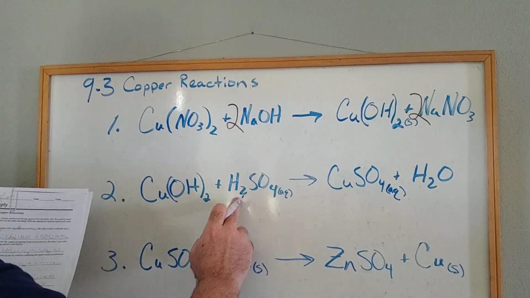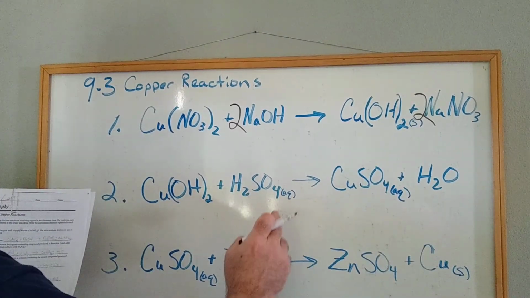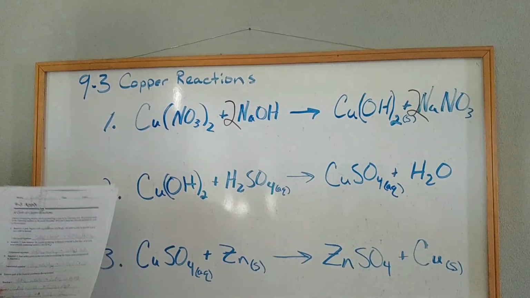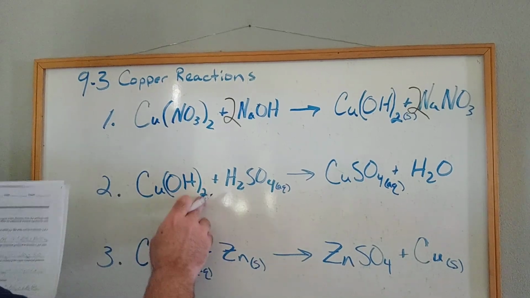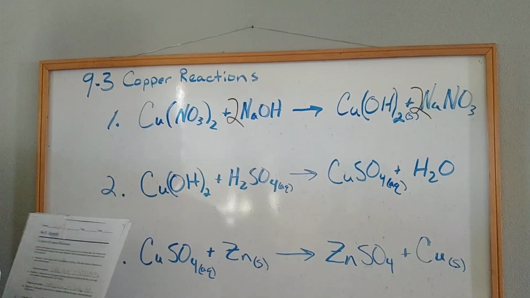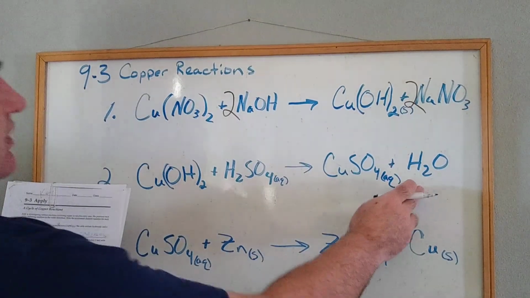We have 2 hydrogens, 2 hydrogens, 6 oxygens and 5 oxygens. Can't count myself. So the only thing we need to balance is our water on this side.